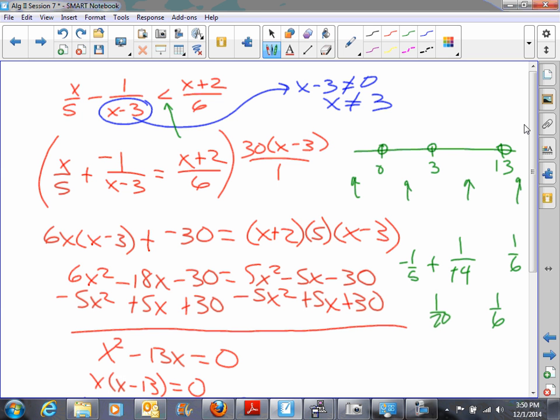Now 1/6 is bigger than 1/20. Did I do that right? I think I did. Negative 1/5 plus 1/4 is 1/20, and we have 1/6. 1/20 is less than 1/6, so we do want this region here.